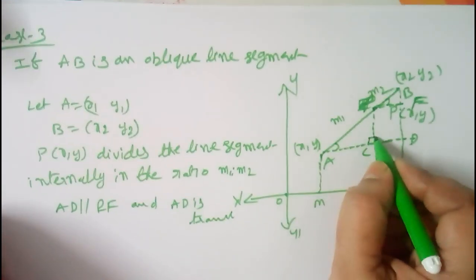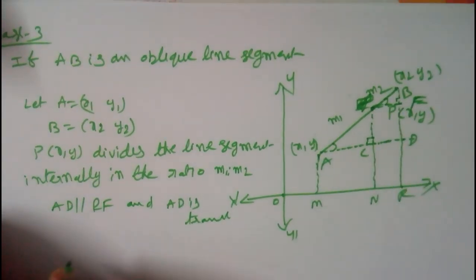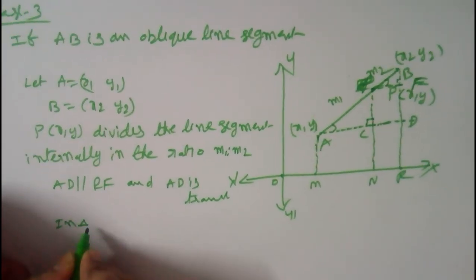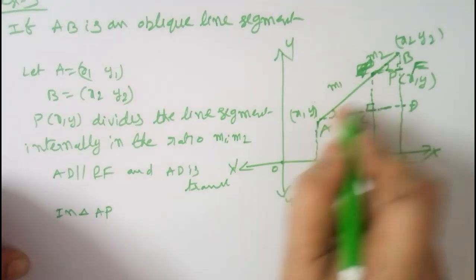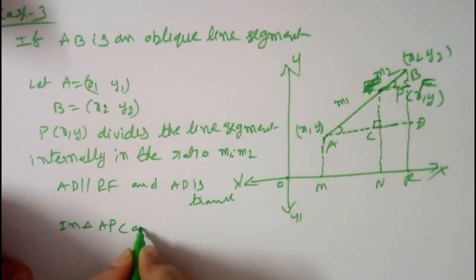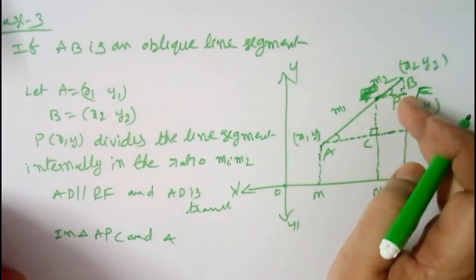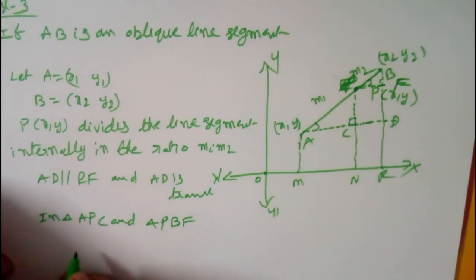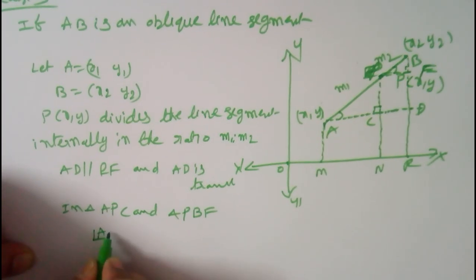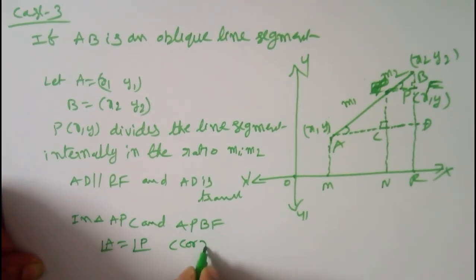Next, angle C is 90, angle F is 90, perpendiculars. So in triangle APC and triangle PBF, angle A is equal to angle P, corresponding angles.